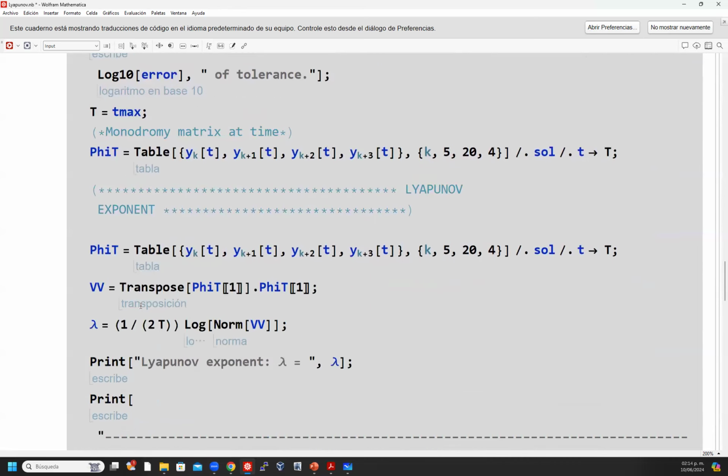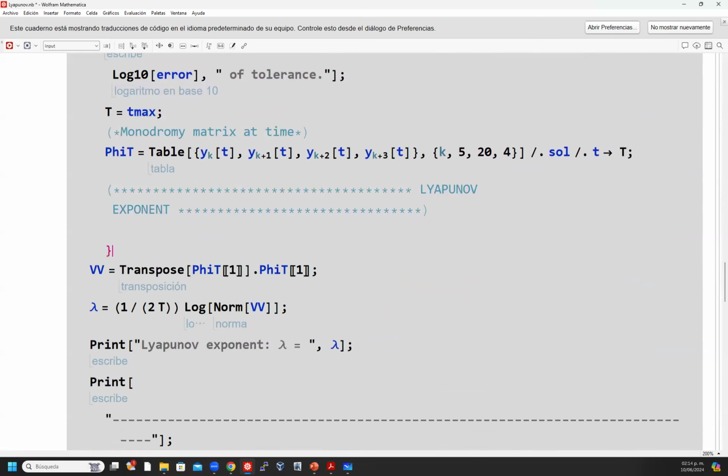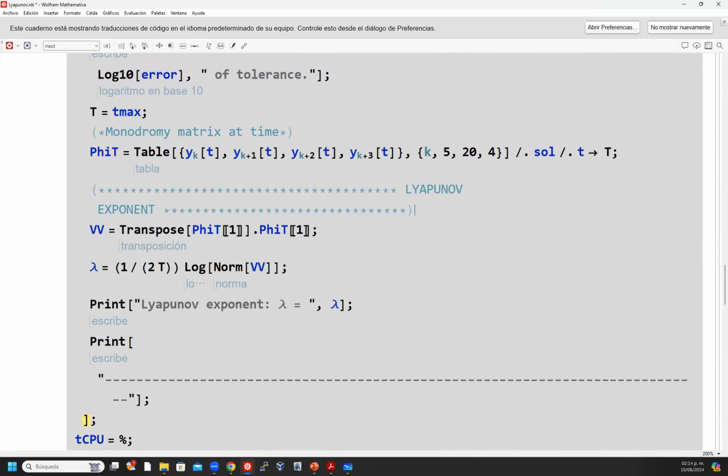Exactly. Now I have the calculation of the Lyapunov exponent. That is the monodromy matrix times the transpose of this matrix. I take the norm of this quantity, the logarithm, and 1/2t. This is the way to calculate the Lyapunov exponent.